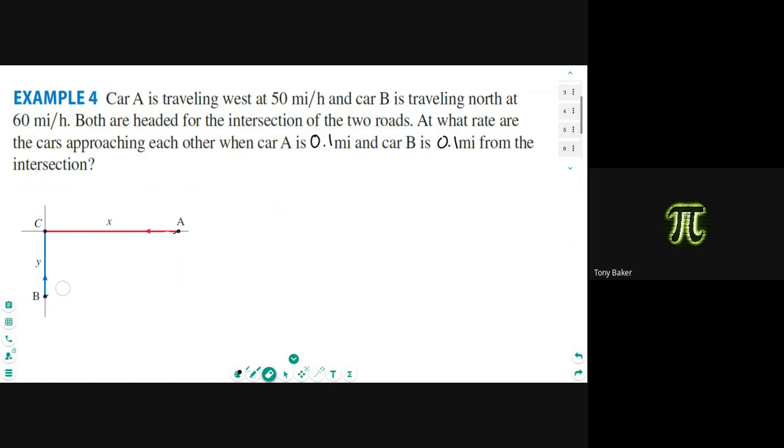If they're behind each other, you would subtract their speeds, and that's how fast they'd be approaching. However, they're approaching an intersection. The distance that they're approaching is actually that hypotenuse line. We want to basically find out how fast that hypotenuse line is shrinking, because that's how fast they're approaching each other.